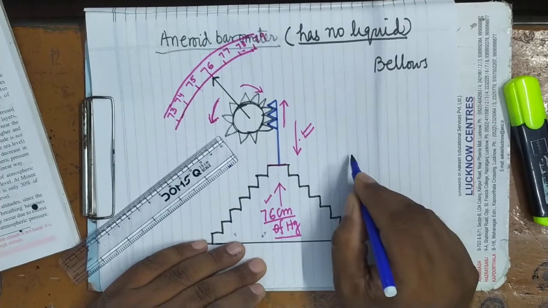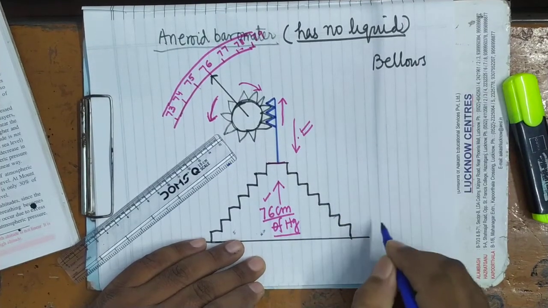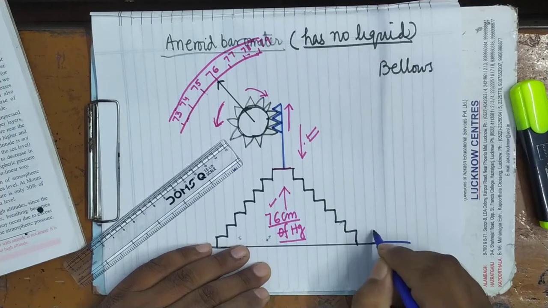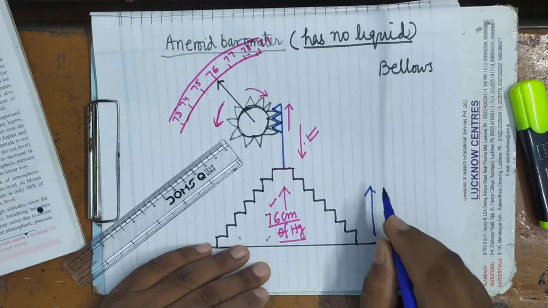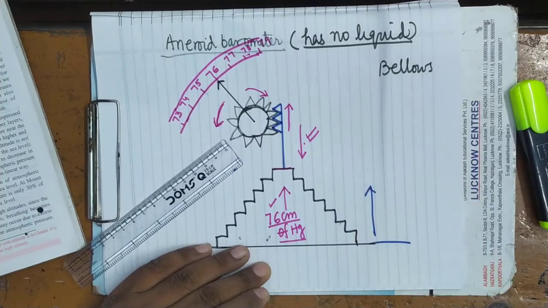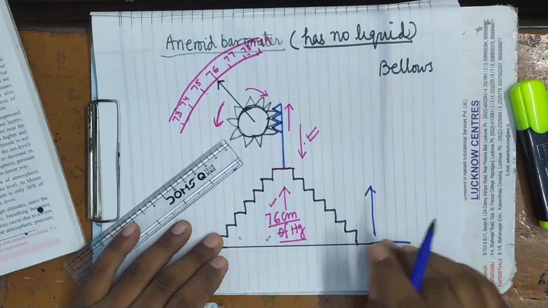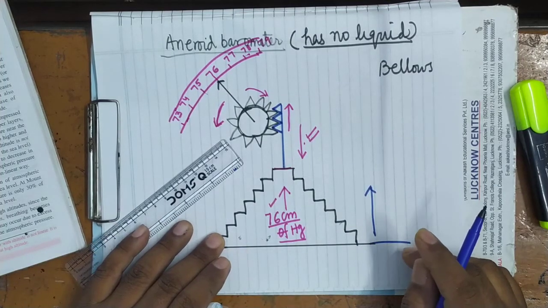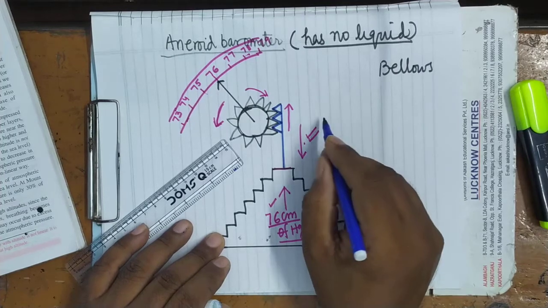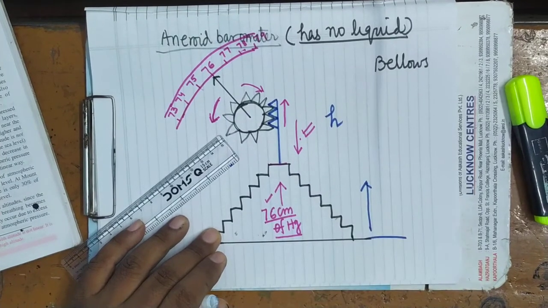So number one reason is the air column. As you go up and up, the height of the air column above you will become less. That is, the value of H will decrease.